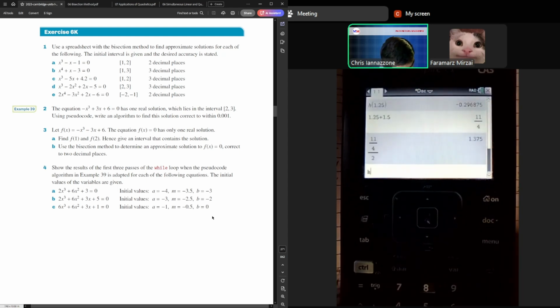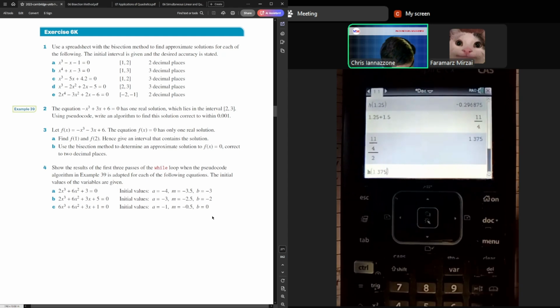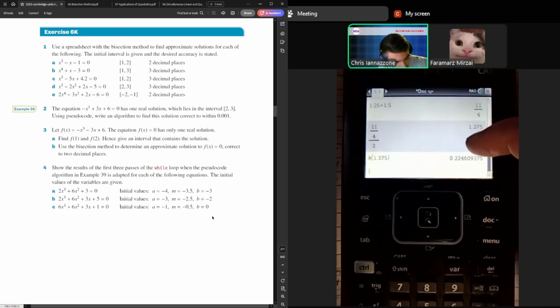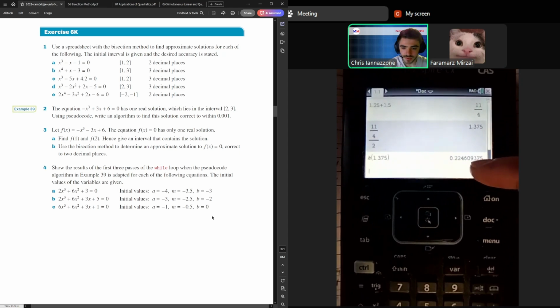And then test the y value at that spot. Positive. The midpoint was 1.375. And then when you test the y value there, you get 0.22.